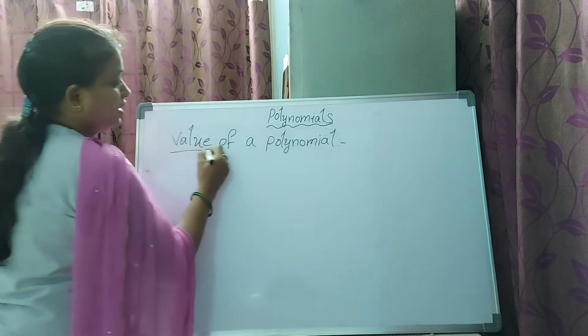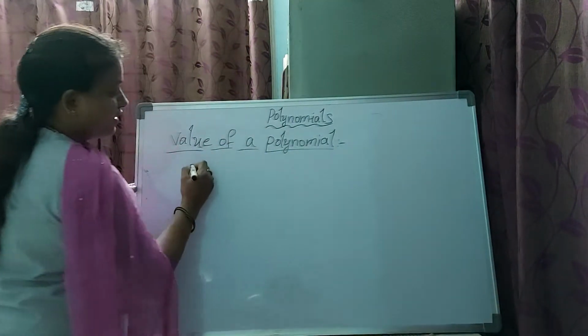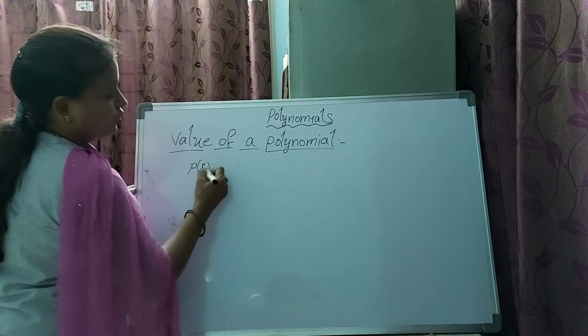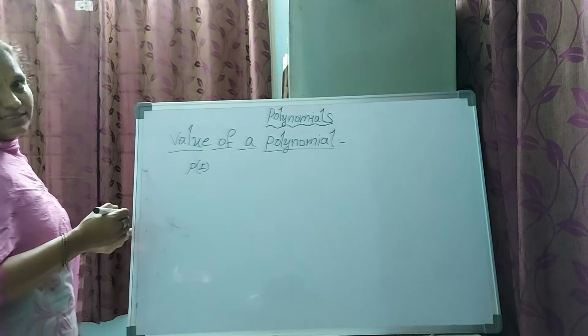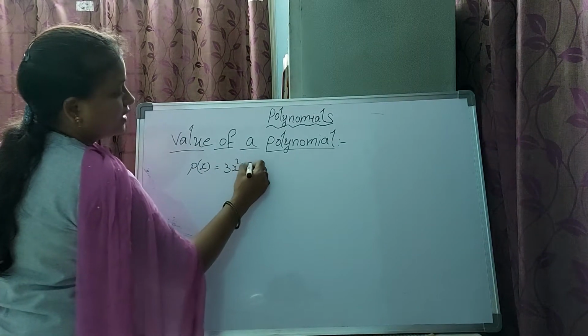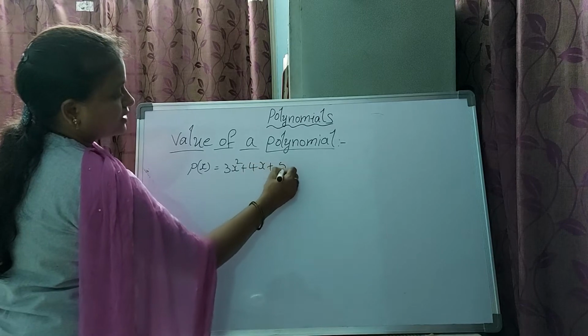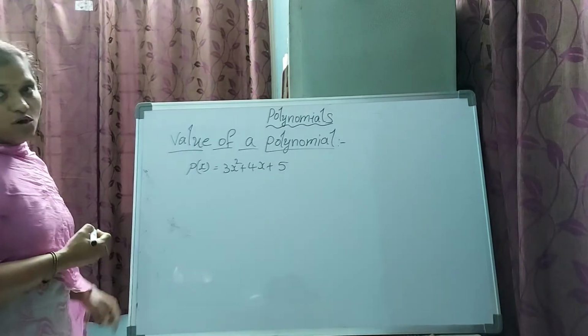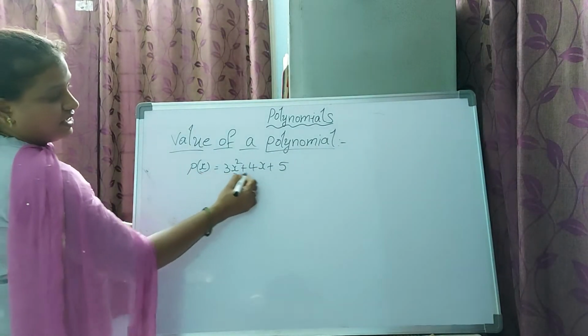See, for example, p of x is equal to 3x square plus 4x plus 5. This is a polynomial in x terms.